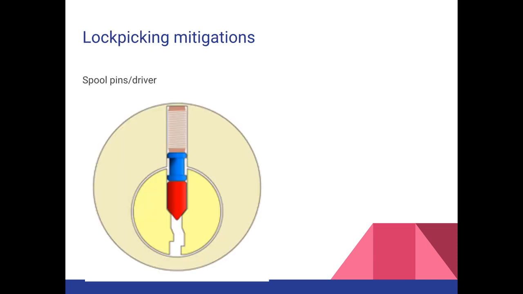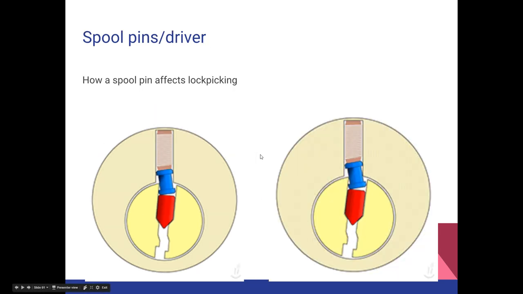So a spool pin or spool driver is like a spool that you wrap yarn around or string around, and it's fat on the ends, thin on the inside. And how this affects lockpicking is when you're twisting and pushing it up, you're gonna hit this edge on the plug or the shell on the spool, and it's gonna catch, and it's gonna fool the lockpicker or give him a really hard time.